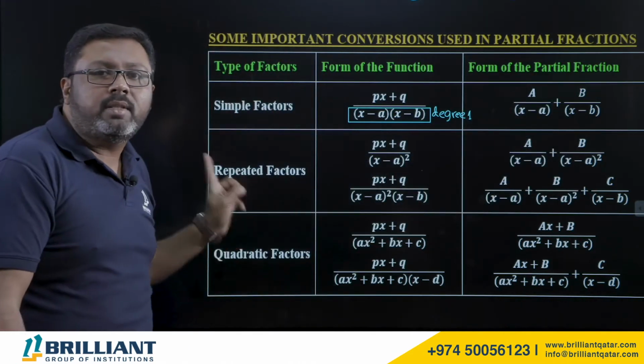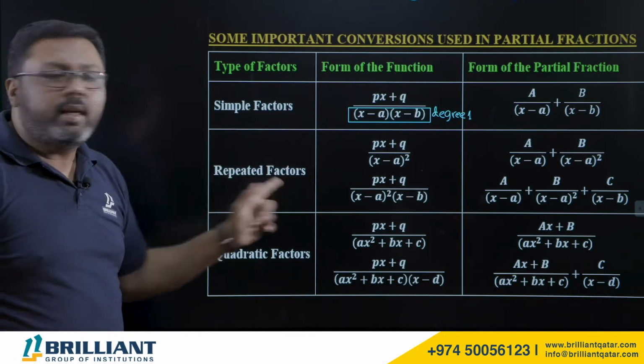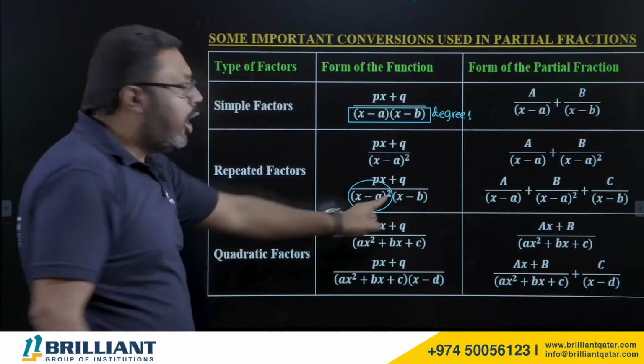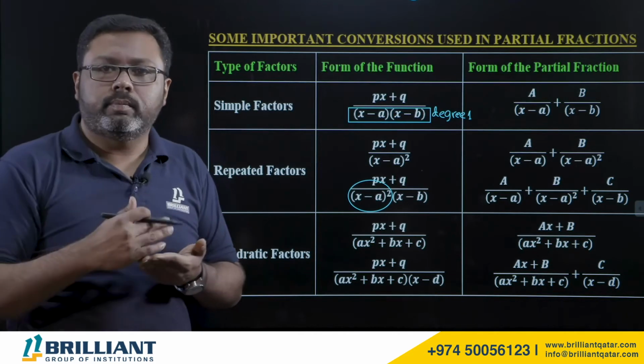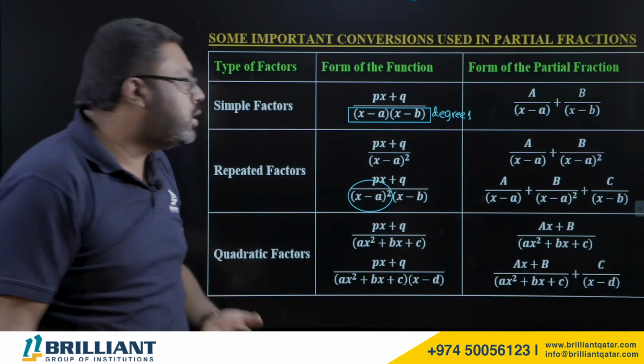The second type is when we have repeated factors. That is, if I have a factor which is repeating, how many times it is repeating? 2 times. X minus a squared. Then how do we assign the arbitrary constant?